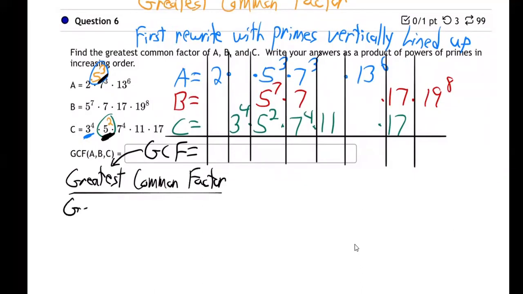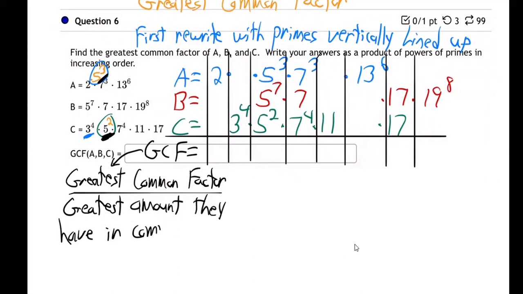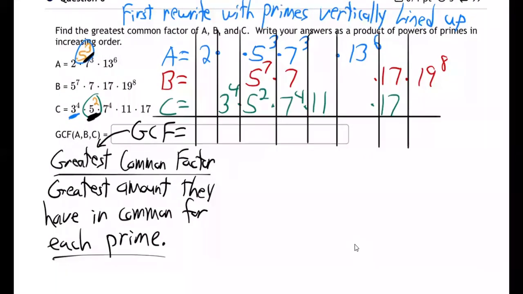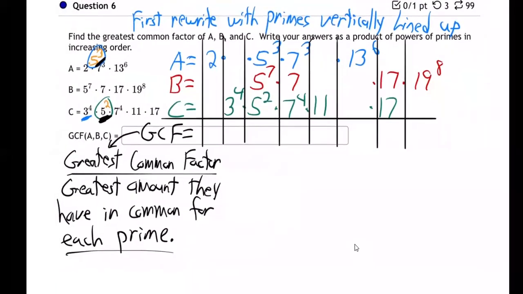That means the greatest amount they have in common for each prime. So I'm going to go prime by prime here. And for each prime, I'm going to take the greatest amount that they have in common.